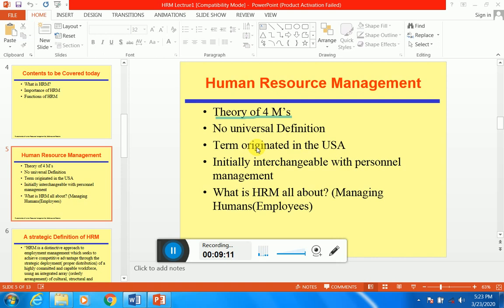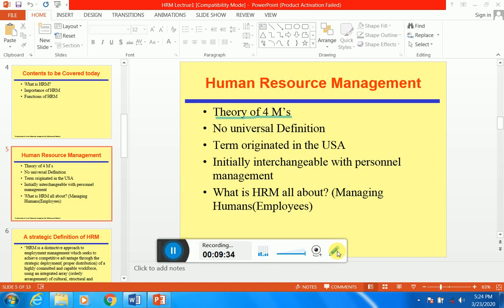So the definitions are not universal in nature, but are standard in nature. The term human resource management was initially introduced in the USA, and initially it was used interchangeably with personnel management.